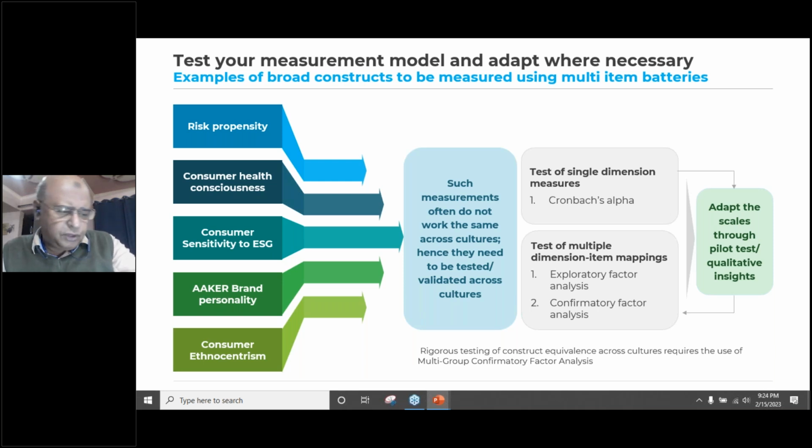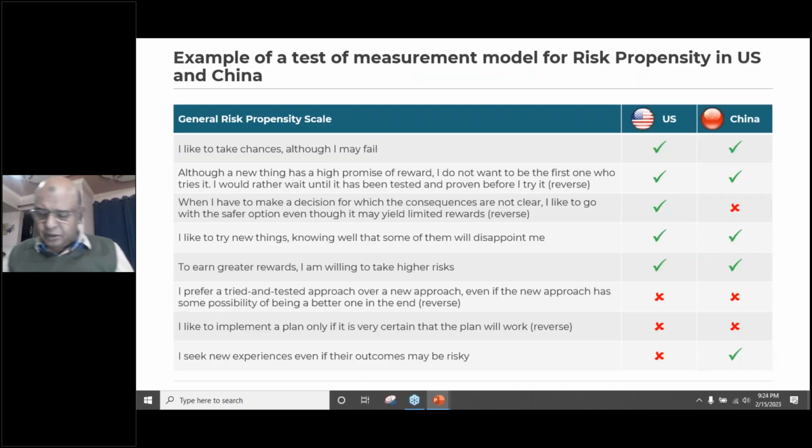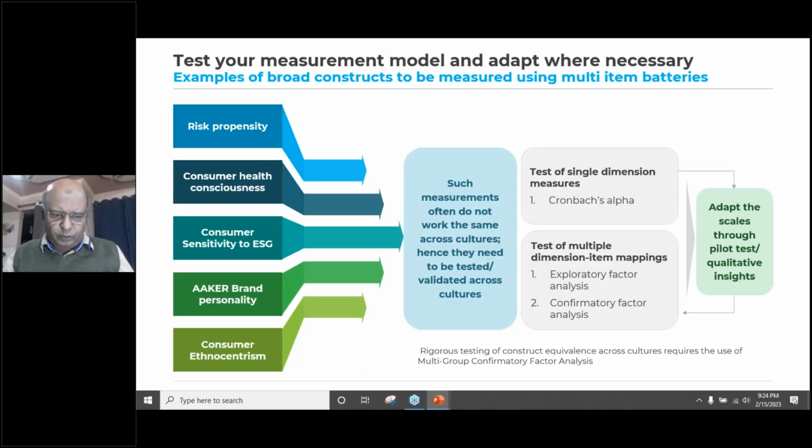Now, most market researchers nowadays use formative measurements, where we say that we need to ensure that all aspects of a particular construct, or dimension, need to be captured in our scale. When we use such measurements, we might find that scales do not transfer equivalently across cultures.